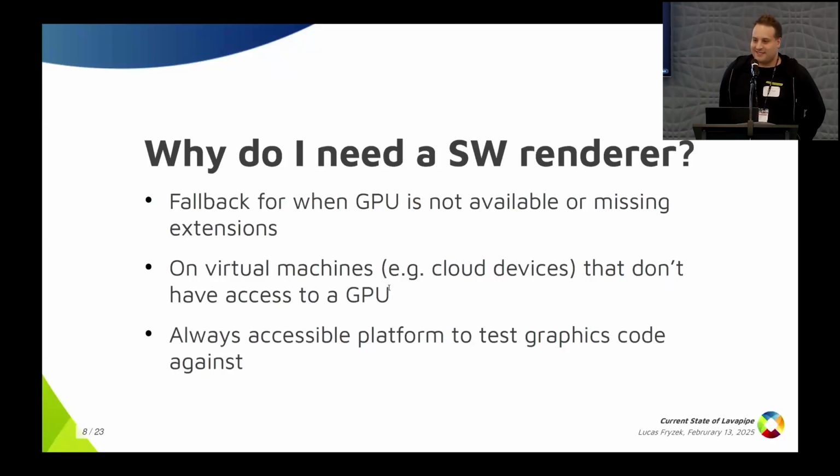Virtual machines are a very common place where you don't have access to a GPU, so it can be very useful. And the last area I think it's pretty useful is, you want to test your code. You have a workstation set up with a GPU in it. You don't want to go turn off your computer, plug in another GPU, and you just want to see how your application responds to a different driver implementation. Well, you can just run on Lavapipe and compare.